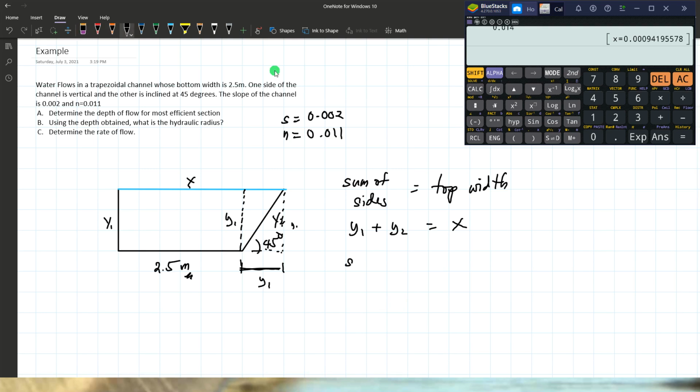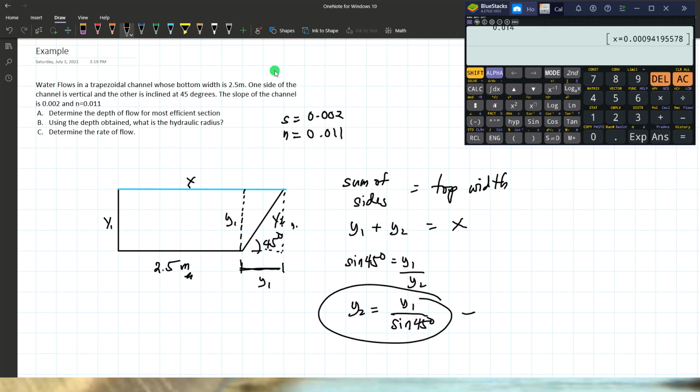Sine of 45 degrees is y sub 1 over the hypotenuse y sub 2. Therefore, y sub 2 equals y sub 1 over sine 45 degrees. So we can express y sub 2 in terms of y sub 1. How about x? Can we express this in terms of y sub 1?